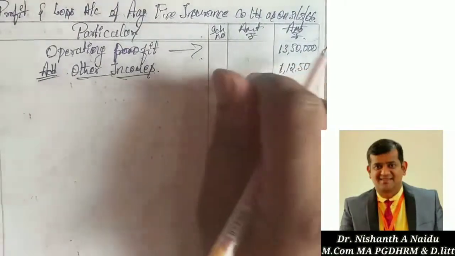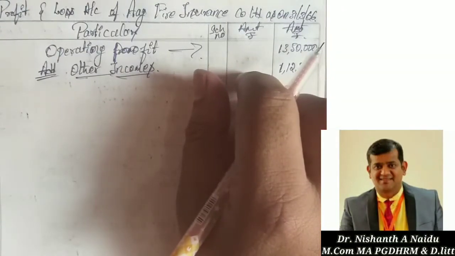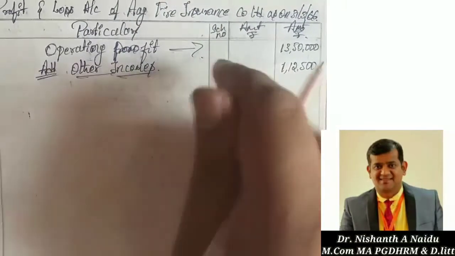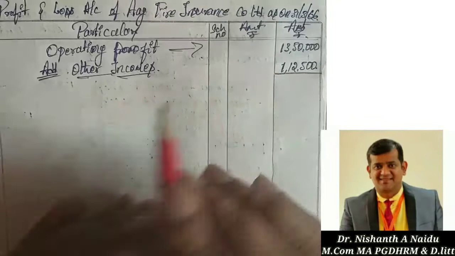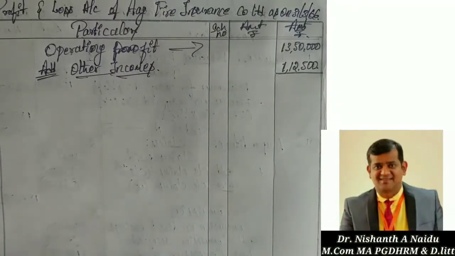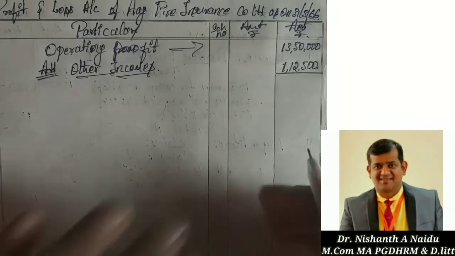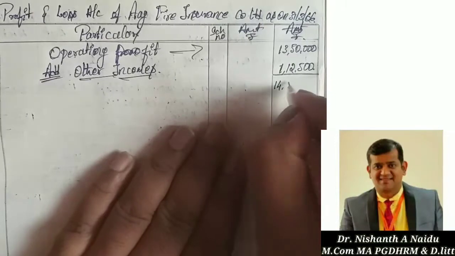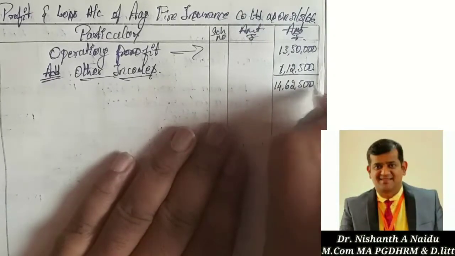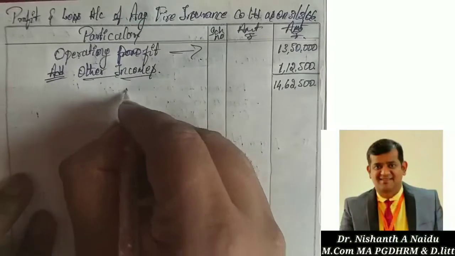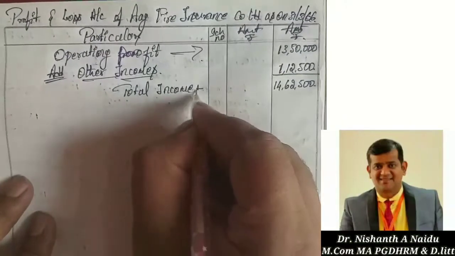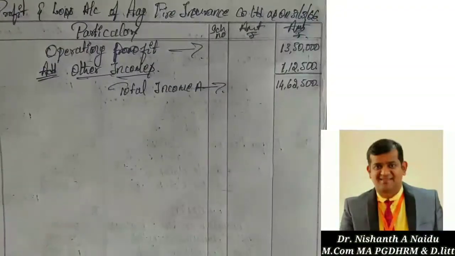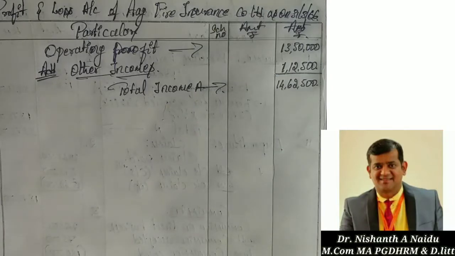The rest won't come here. So only interest and dividend is an income. Totaling this, 13,50,000 plus 1,12,500 is 14,62,500. We call it total income as A.